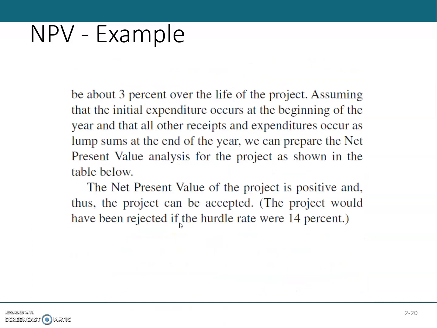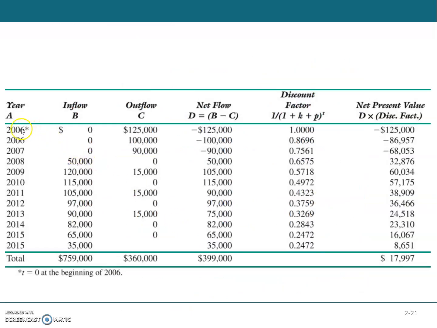If I take it as a project cash flow, then this will be considered as the year 0 cash flow, this as the year 1 cash flow, this as year 2, and so on, 1, 2, 3, 4, 5, 6, 7, 8, 9, 10, and 11. So the total is 11 years.